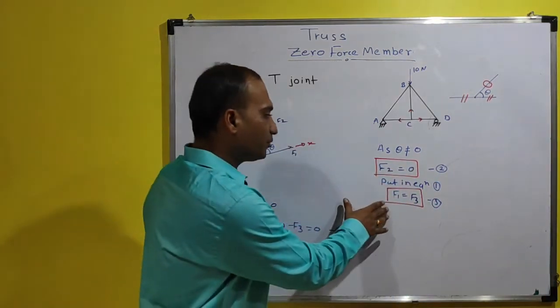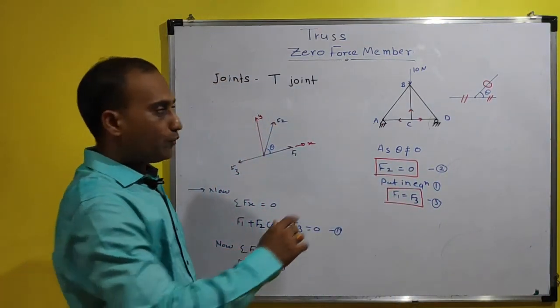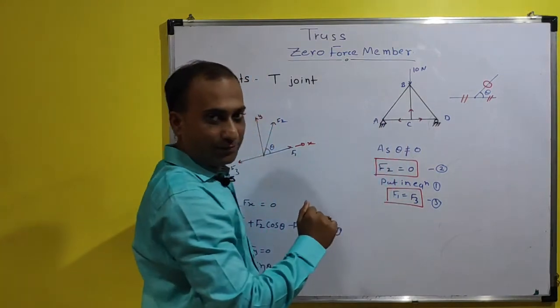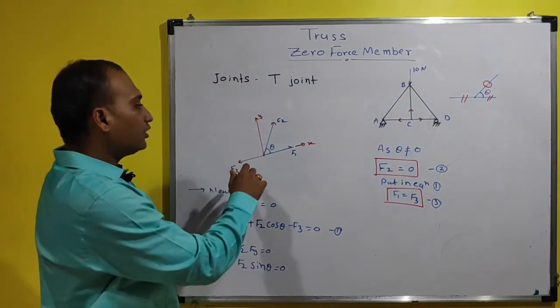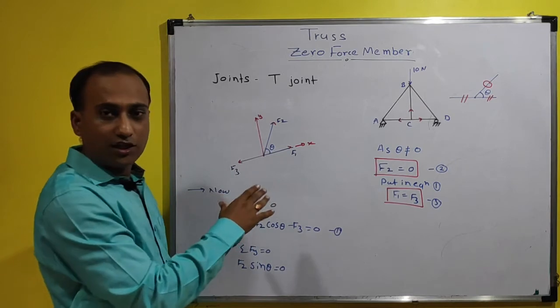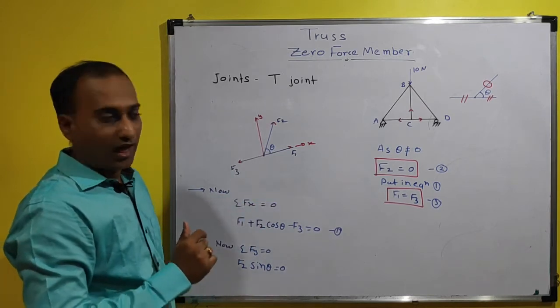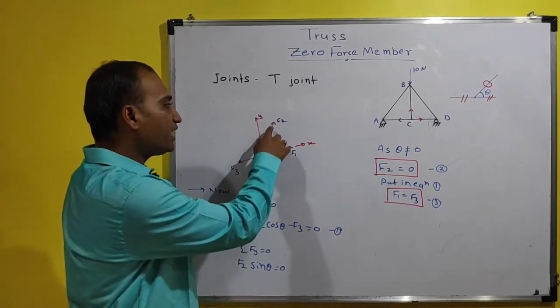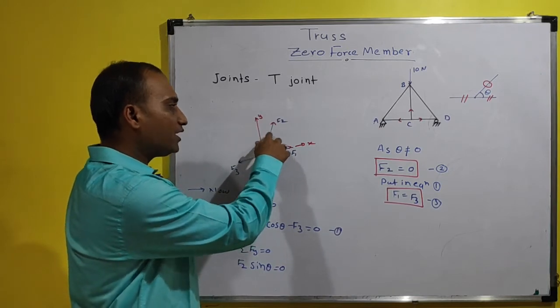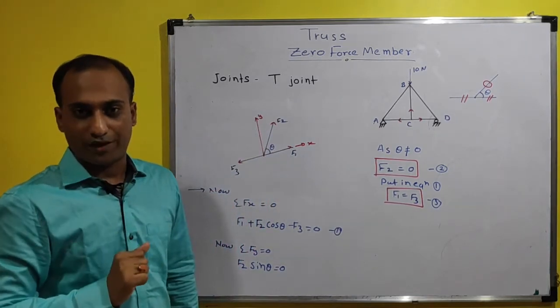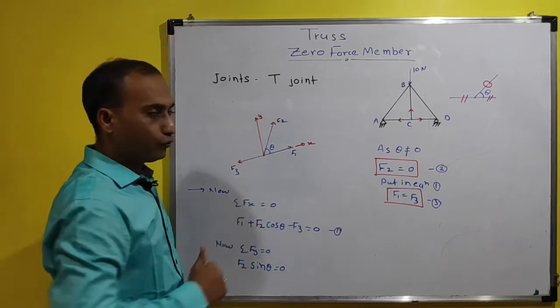So what do we see from these values? Whenever there is a T joint in the system, the collinear forces are equal and opposite in direction, and the member which is making the T has zero force. So this is what we have proved.